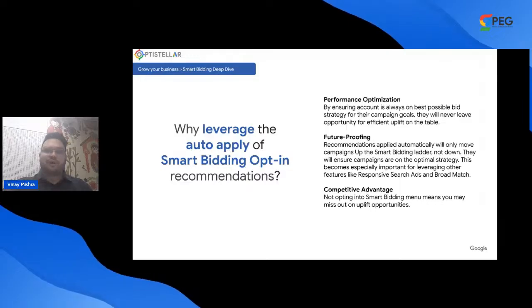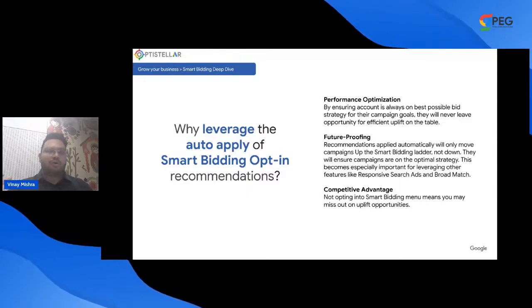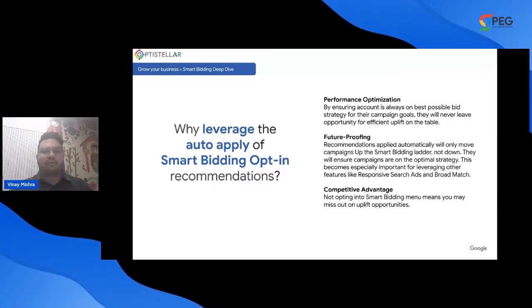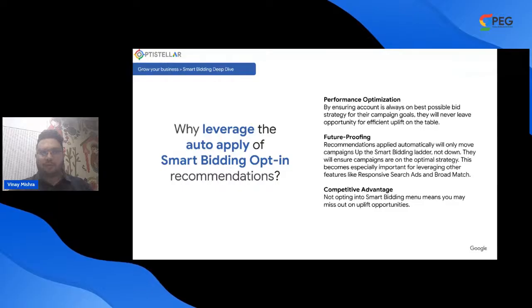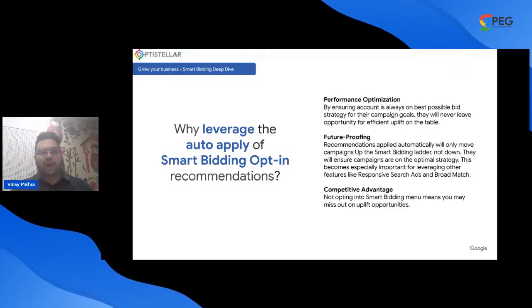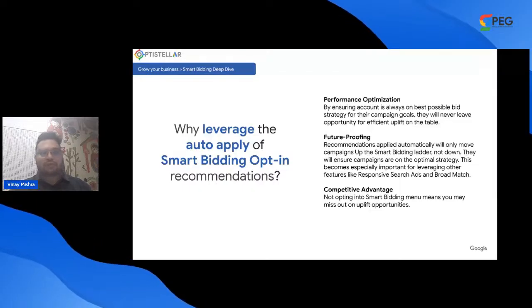It will help you ladder up rather than ladder down, enhancing your performance, and these smart bidding strategies will capture the shift in the market and understand how users are reacting.